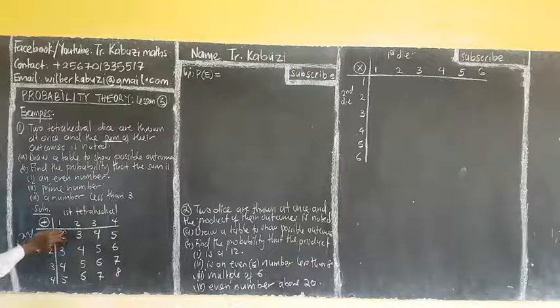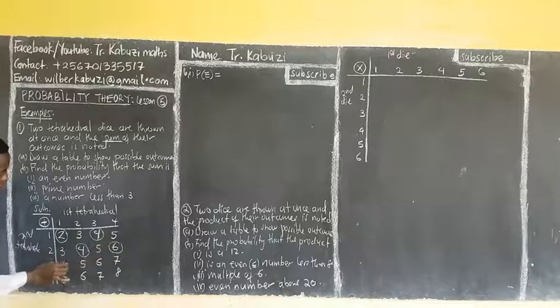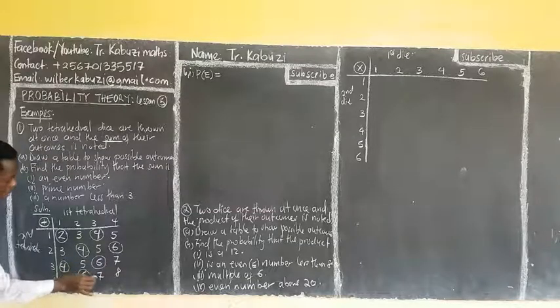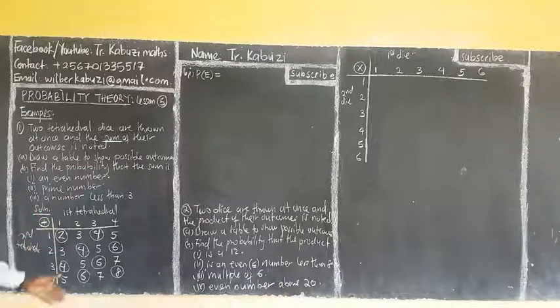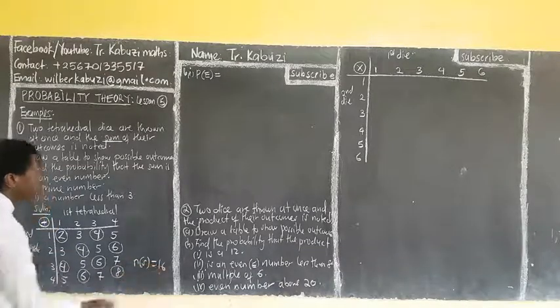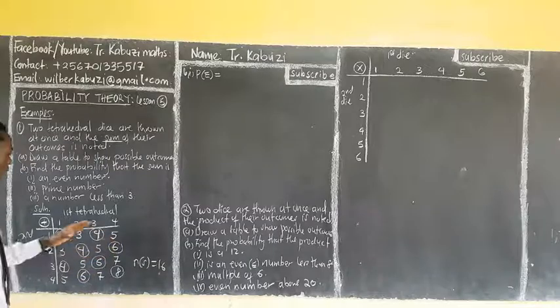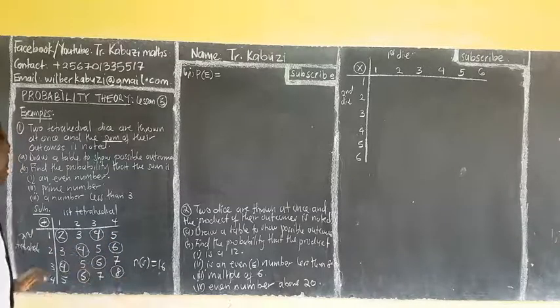You see we have 2, we have 4, we have 6, we have this 4, we have 6, we have this 6, we also have this 8. Now our sample space, the total, is 16. When we count 1, 2, 3, 4, 5, 6, 7, 8, 9, 10, 11, 12, 13, 14, 15, 16, the total is 16.